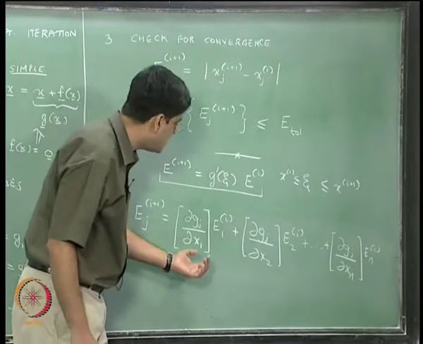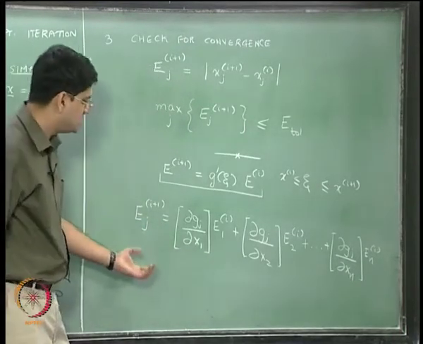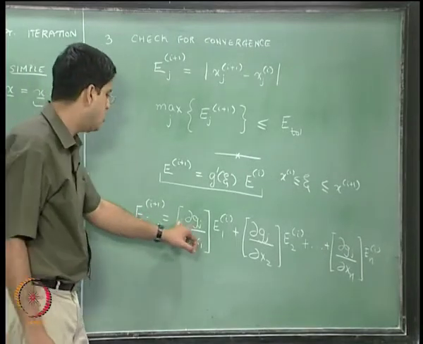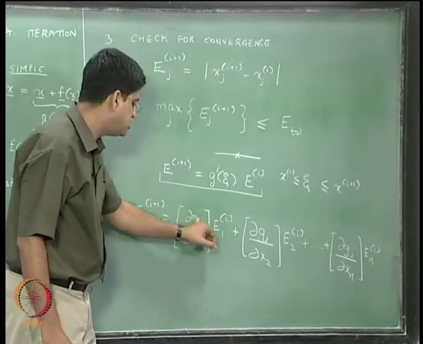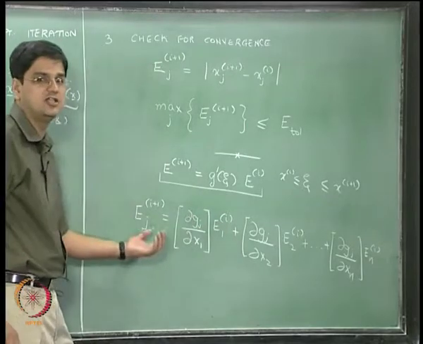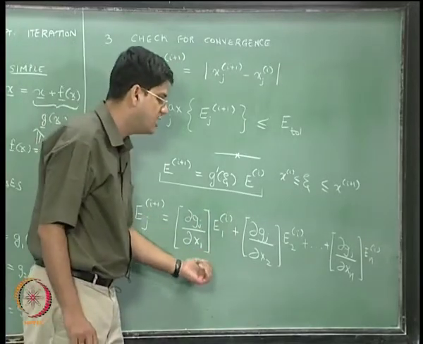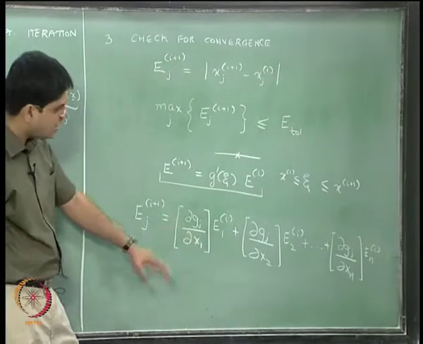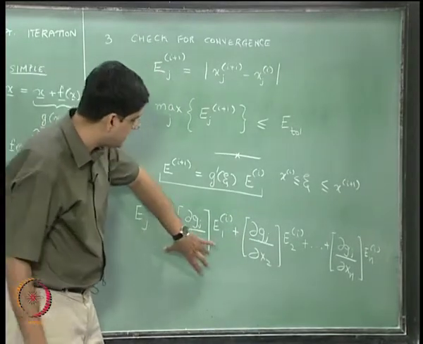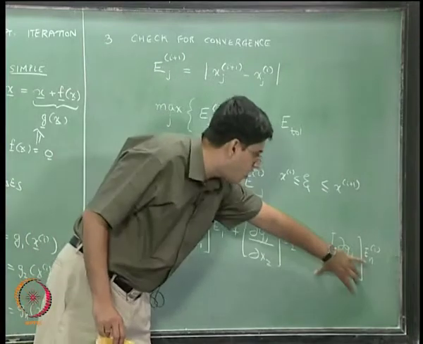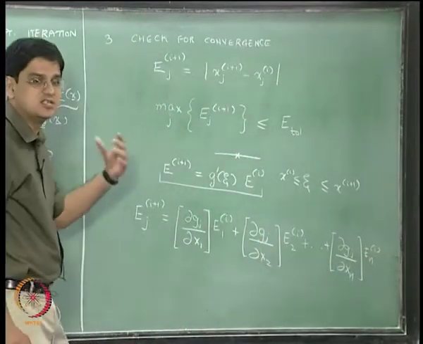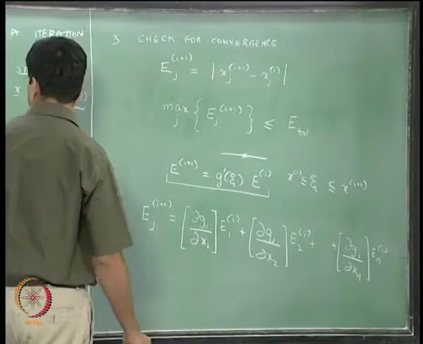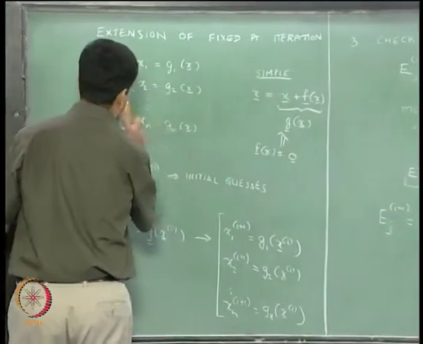For the single variable case, the absolute value of dg by dx being less than 1 was the sufficient condition to guarantee stability. Now the sufficient condition is going to be the sum of all these terms being less than or equal to 1. So I will write down the conditions for stability.